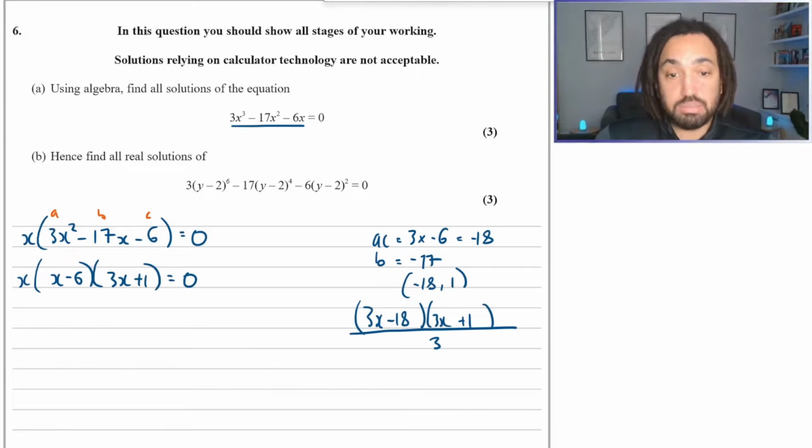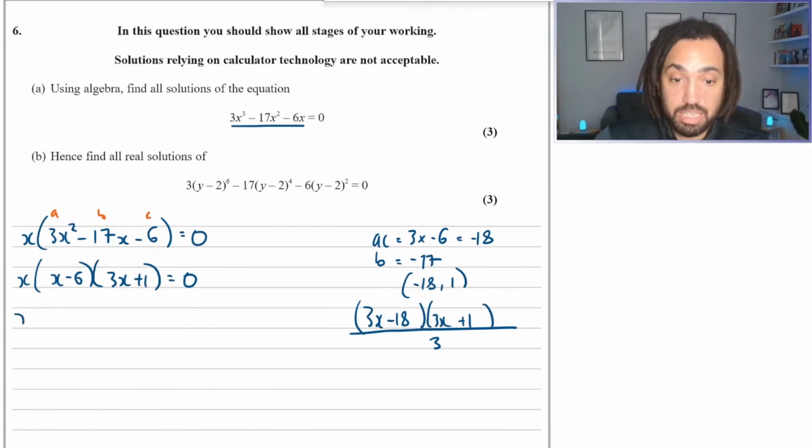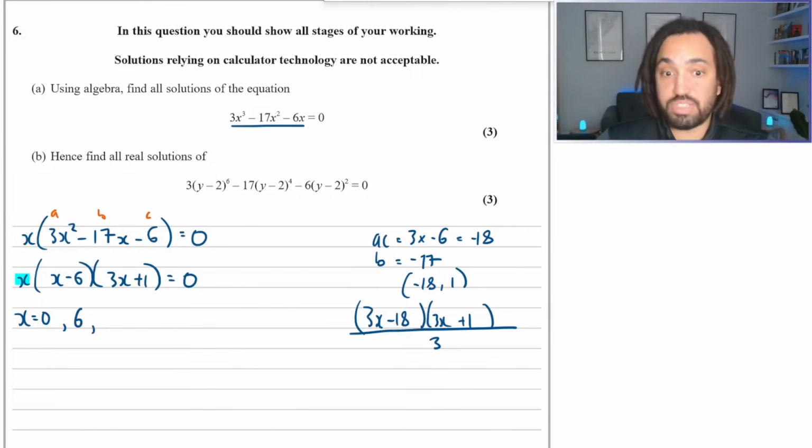Okay, great. We have factorized that, so that tells me that my solutions are 0 from the first x being outside the brackets, positive 6 from obviously the first bracket, and then this last one will be minus a third from the final bracket. Okay, now it says, hence find all the real solutions of this monster.